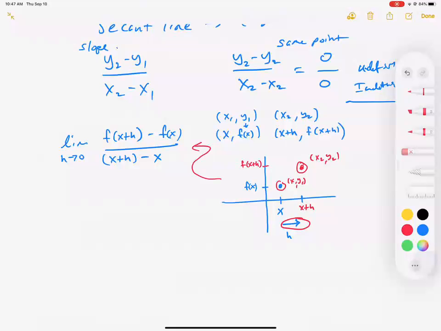So why do we use h? The reason why we use h, it's like your parents talking about you. Let's say you have siblings named Mark and James. Mark is 15, James is 17. Your parents could say Mark is 15 and James is 17, but let's say they like Mark a lot.